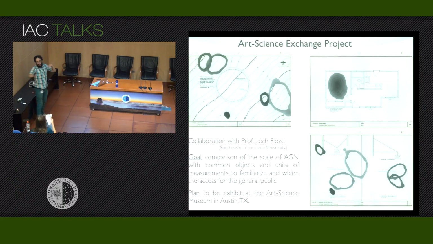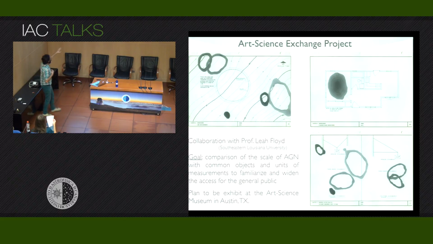What we want to do is, in collaboration with Leah, a photography professor at the University of Louisiana, try to explain the scales of AGN by comparison with regular objects that people are not used to knowing. An AGN is 100 parsec or 200 parsec big, or 100 kiloparsec. They don't know the scales, and if you set it in miles in the US or in kilometers here, it's so big that they cannot really understand it.